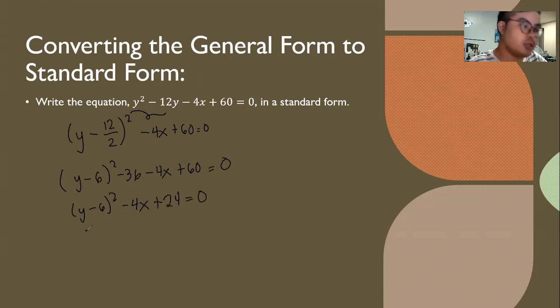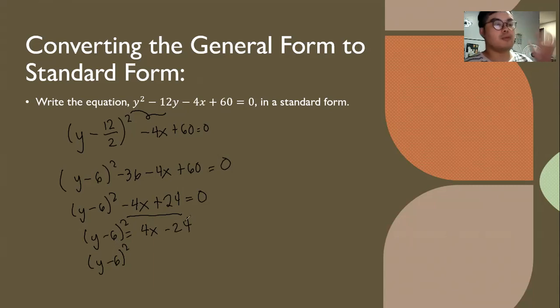Then we're going to transpose this to the right side, so it becomes 4x minus 24. Then all we have to do is find the greatest common factor.